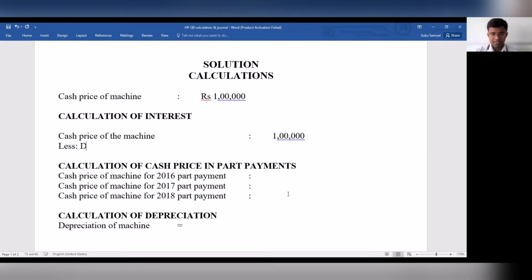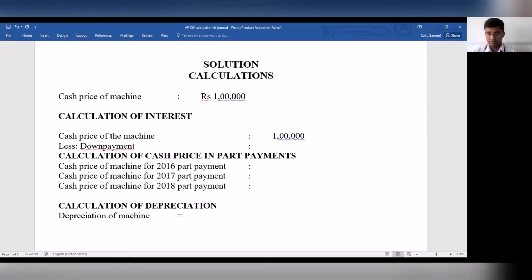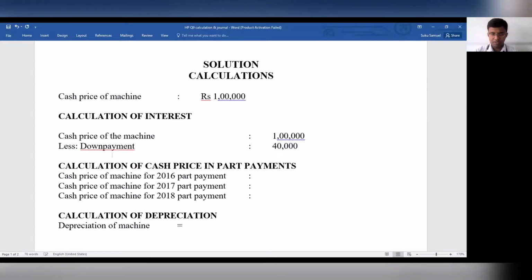From this, less down payment. How much is the down payment? Down payment here is 40,000.